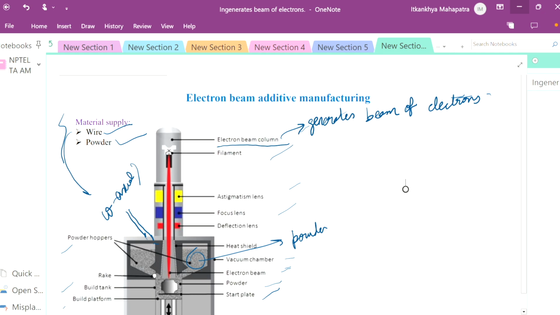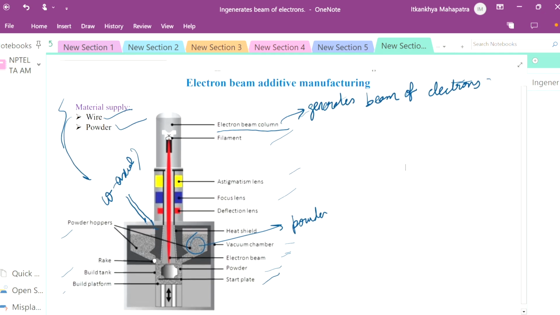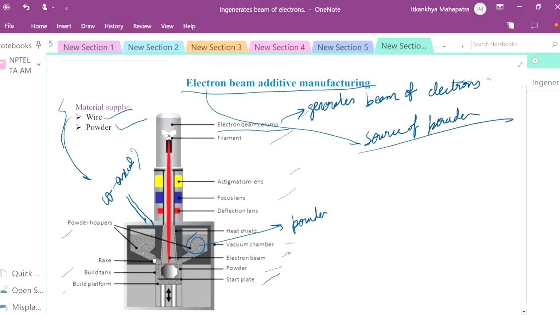Now in this type of additive manufacturing process, our source of power is a high speed beam of electrons.